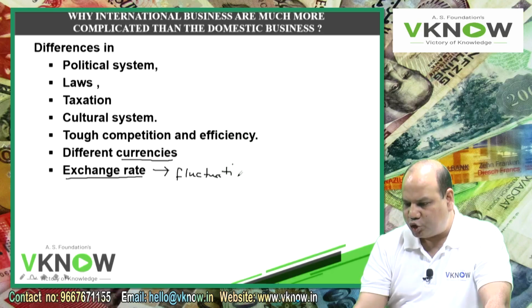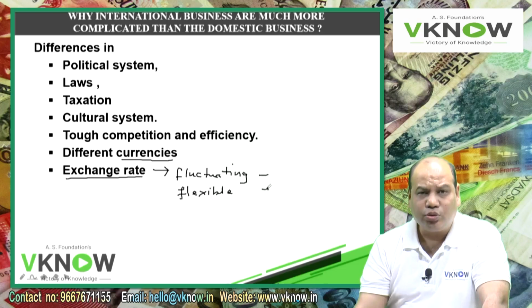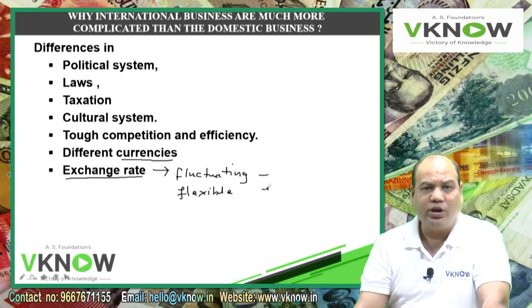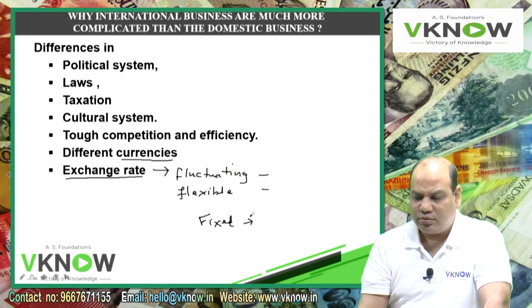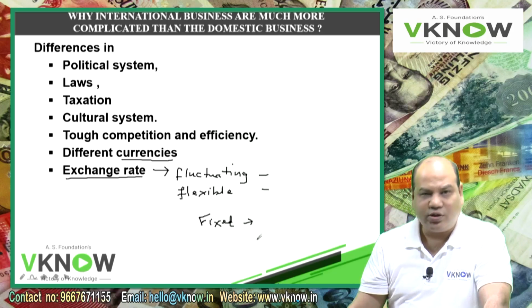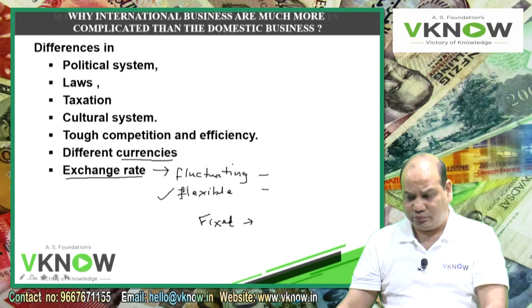Many countries have a fluctuating exchange rate system, or what is called flexible exchange rate system, where the market forces are allowed to decide the exchange rate. Government does not interfere. There are a few countries where the exchange rate is kept fixed for some time, then the government may revise it later. For months together, the exchange rate may remain fixed in certain countries. But we in India have a flexible system. That is why you will see every day the rate of dollar changes.